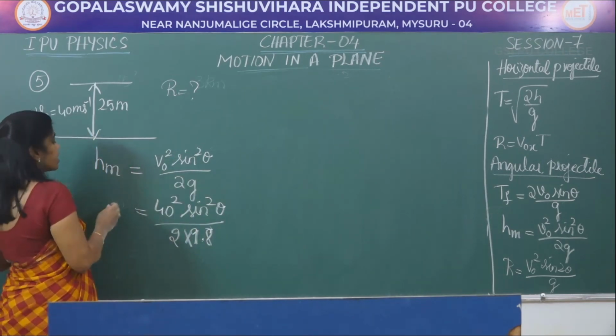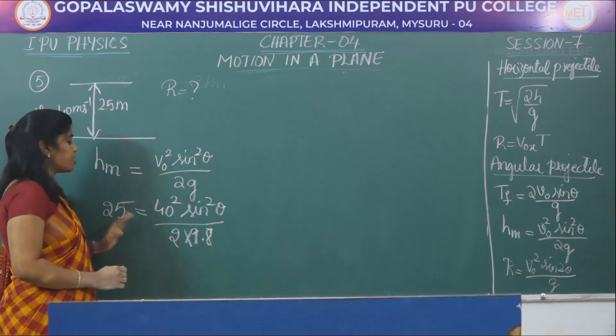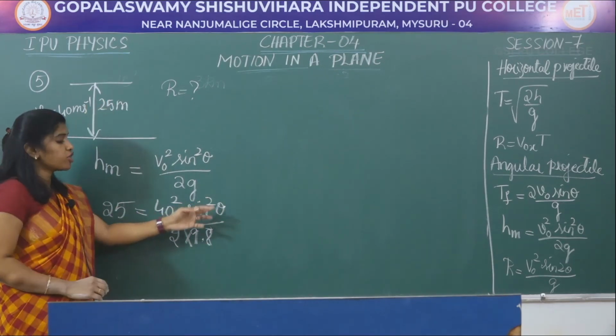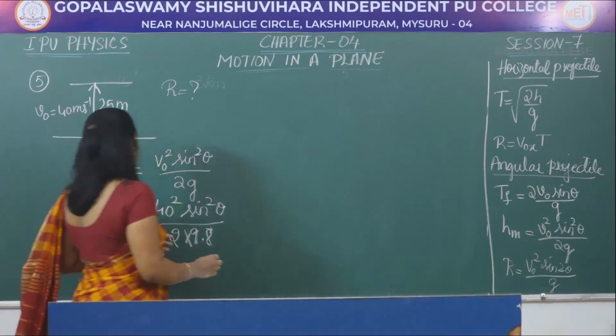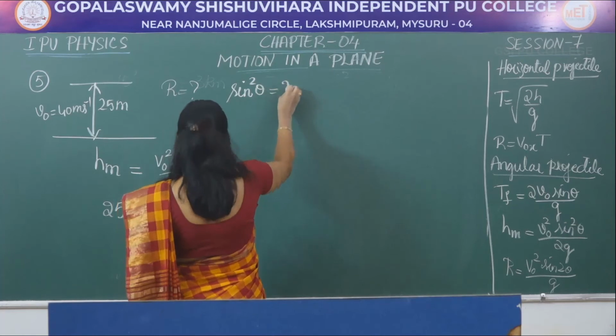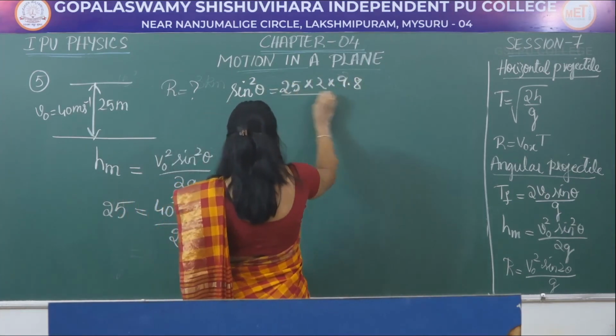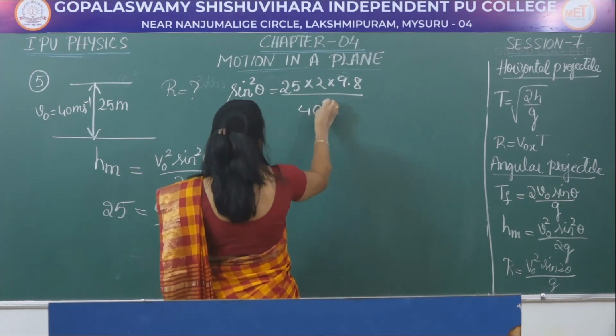And HM is also been given, which is 25. The auditorium height is like 25 meters. Now, let me find out what is sine theta here. So, from this, sine square theta is equal to 25 into 2 into 9.8 divided by 40 square.